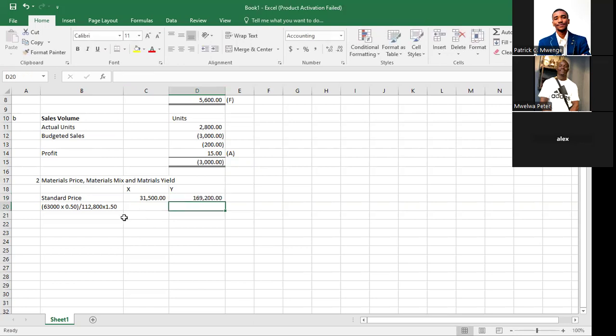Now the question comes in, what were the actual costs? What were the actual prices for these materials? How much was spent to buy material Y? What's the actual expenditure on material Y? 167,000. Why are you getting the 167,000?